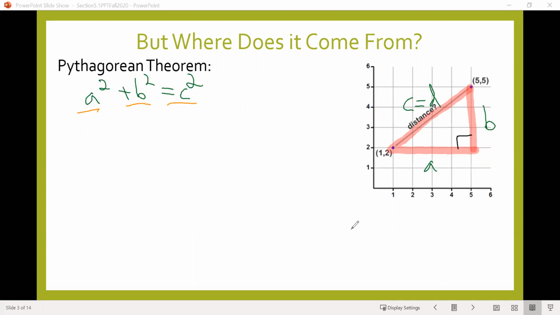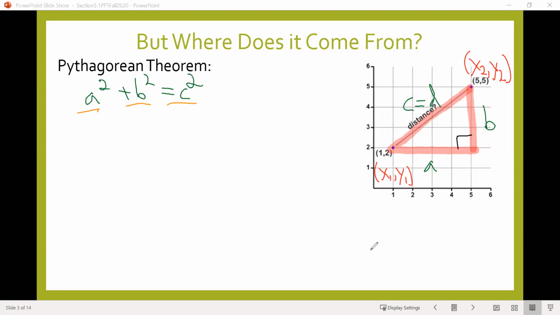Okay, now I'm also going to re-put in the labels we had for these points before. So this first one was x1, y1, and this top one here was x2, y2. Okay. And let's think about, in terms of x2s and x1s and y2s and y1s, how we could find the lengths of these sides here.